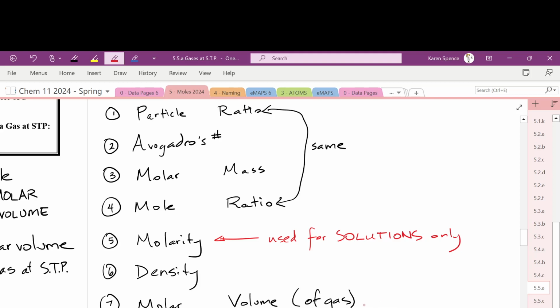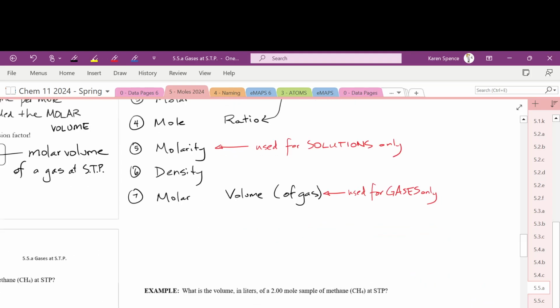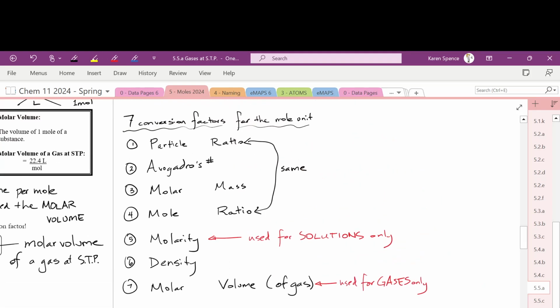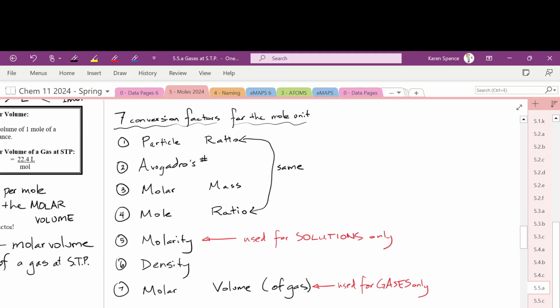And molar volume is used for gases only. All the rest of them, it doesn't matter. Okay? Now, those are our 7 conversion factors.